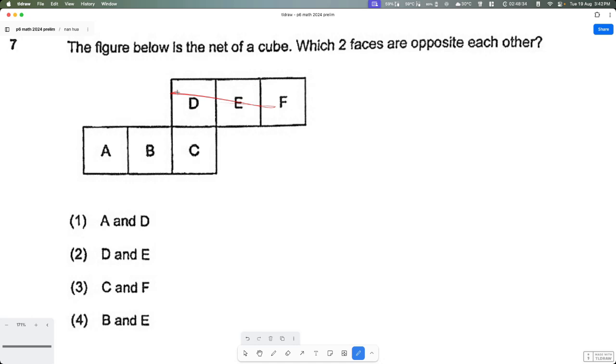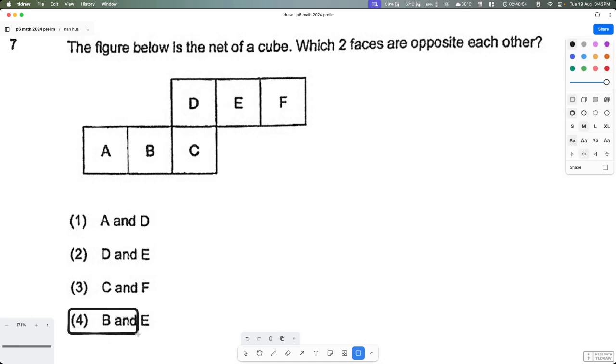So D and F are on opposite sides. For this, there's no D and F option, so that's fine. Then C, which one is it looking at? B and E are on opposite sides as well. So for this B and E, option number 4. So this one you have to kind of remember or visualize it.